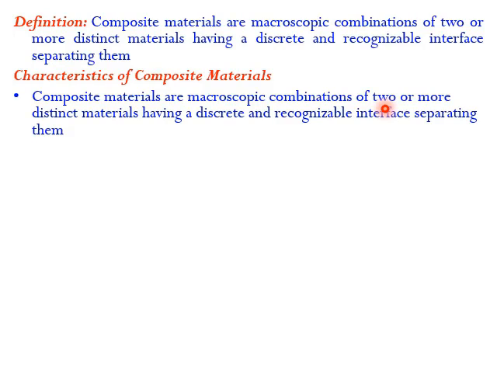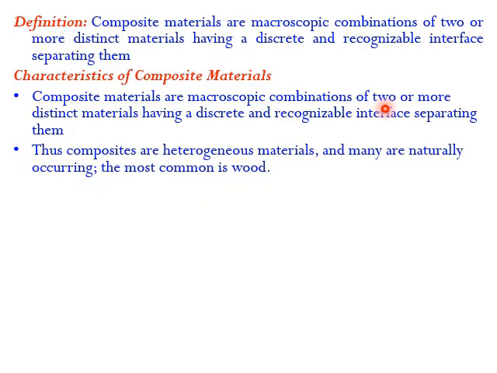But when you compare the same thing with the composite material, it's macroscopic. When you cut that one, with the naked eye you can see what constituents it is made up of. So composite materials are heterogeneous in nature.